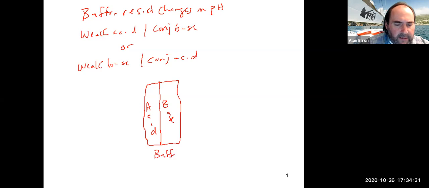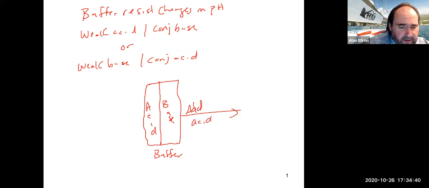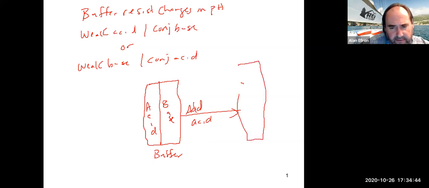That means when you add more acid to it, it will react with the base part of the buffer, make more of the acid part, and use up some of the base part.